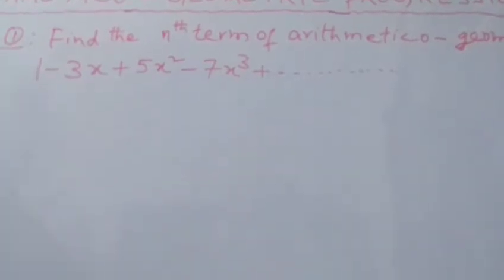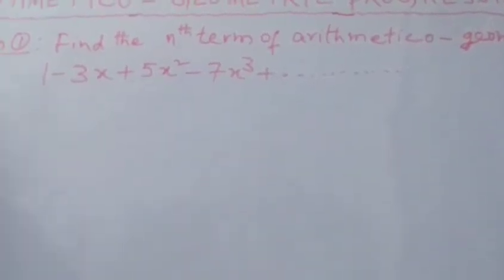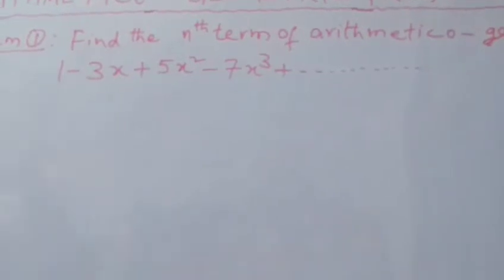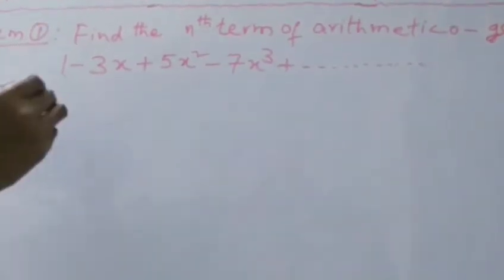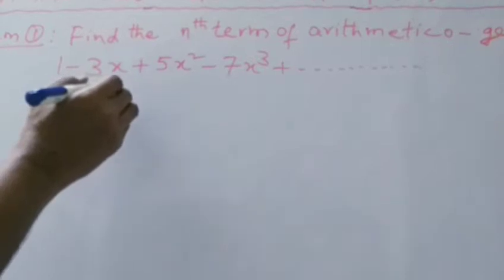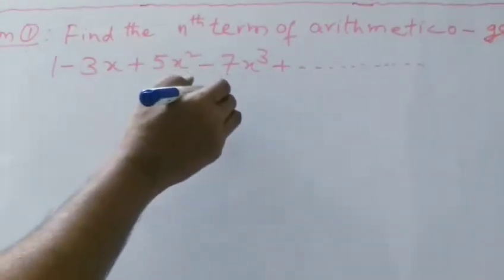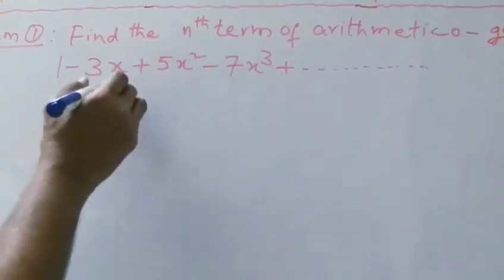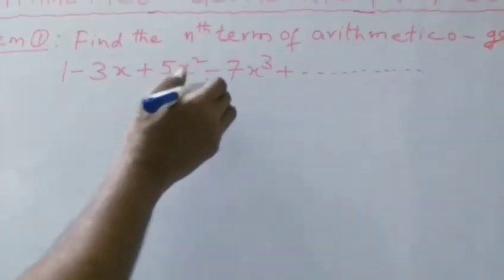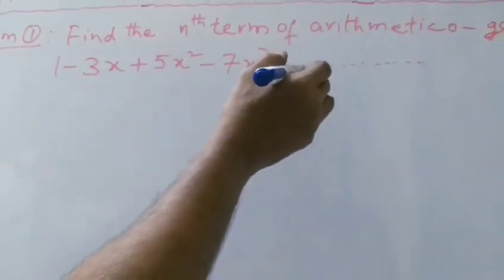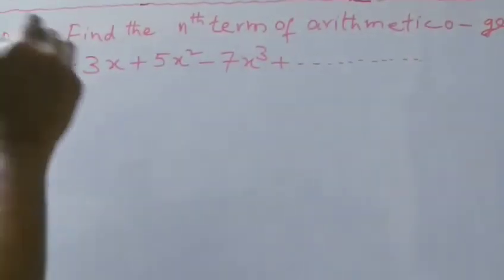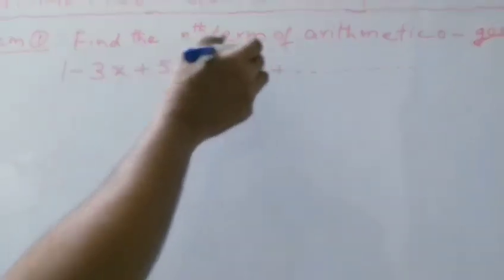Now the solution is as follows. We are given the arithmetico-geometric series 1 minus 3x plus 5x square minus 7x cube plus and so on terms. We require to find the nth term of this series.